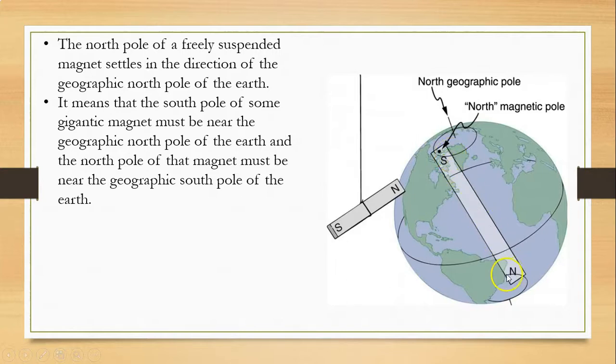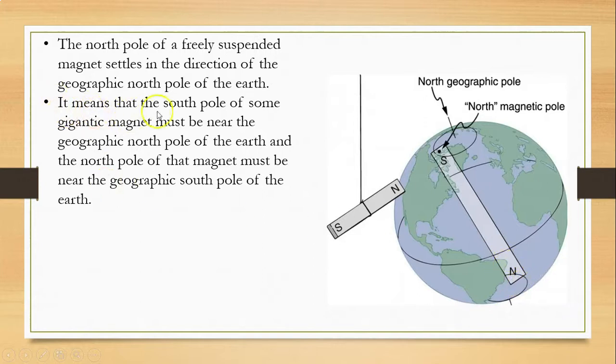This is an imaginary magnetic field, the imaginary magnetism of the earth. So, according to this, the geographic north pole has the south magnetic pole of the earth, and the geographic south pole has the north magnetic pole of the earth. So that is what is mentioned over here.